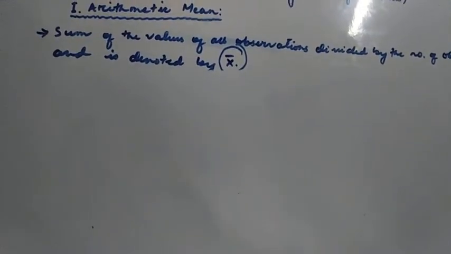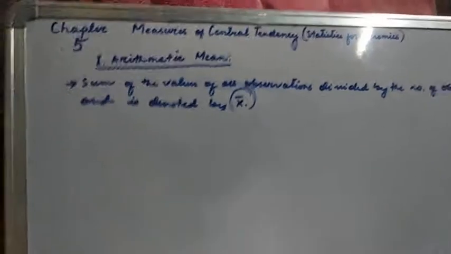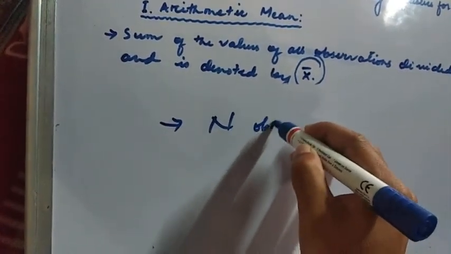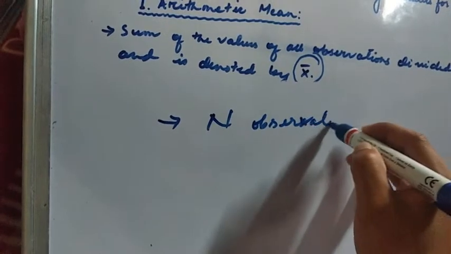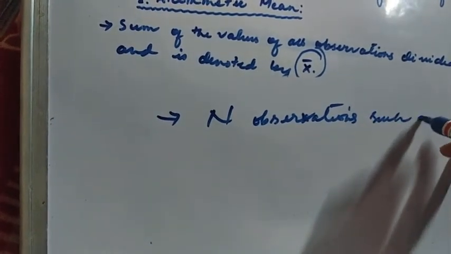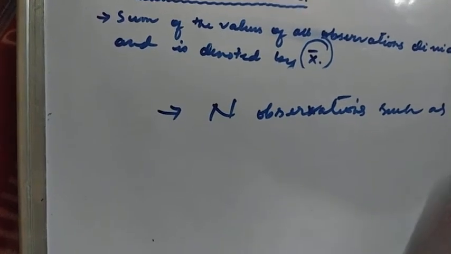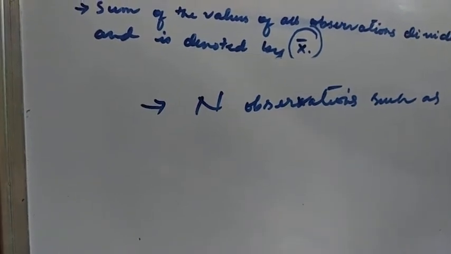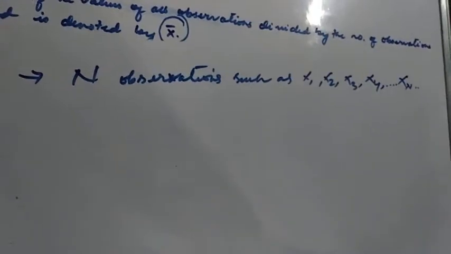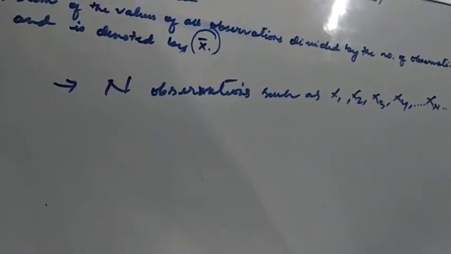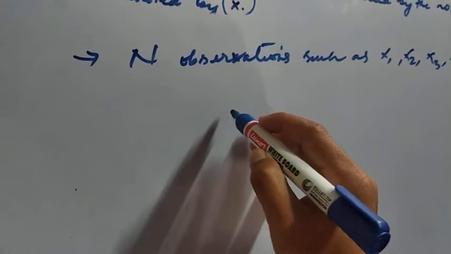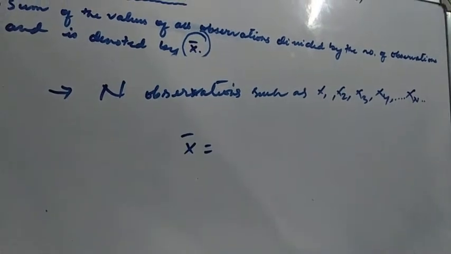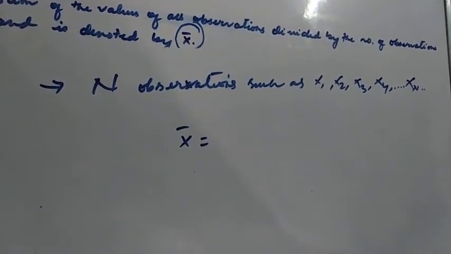In general, if there are n number of observations, such as x1, x2, x3, x4, up to xn, then the arithmetic mean is given by this sign.